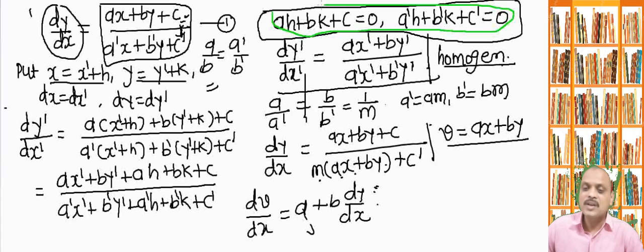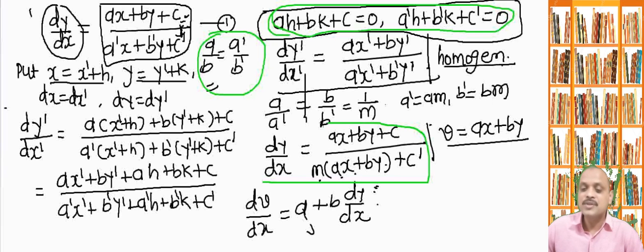Now whenever this method fails, whenever these ratios are equal, a divided by b equal to a dash divided by b dash, the equation is reducible to this type of equation. Whenever the equation is reduced to this type, you have to just put v equal to ax plus by.